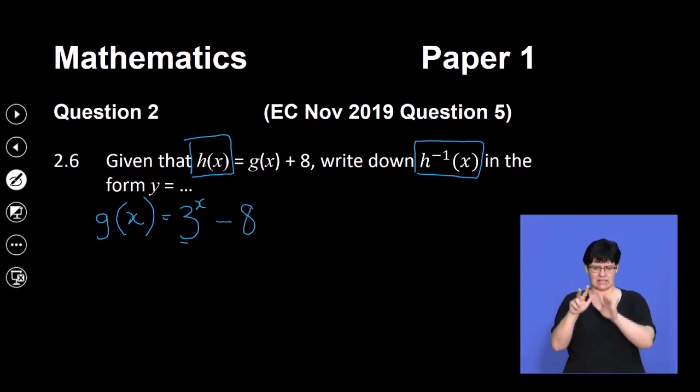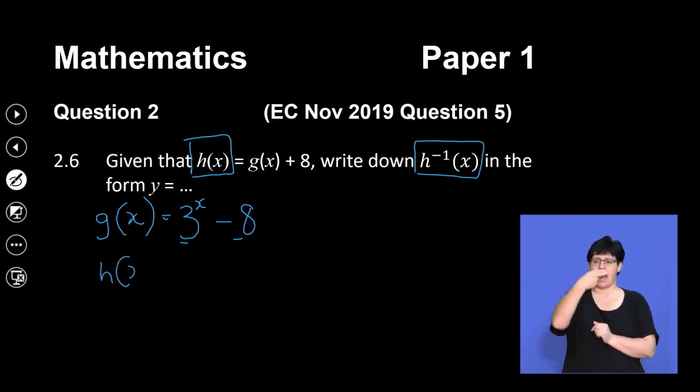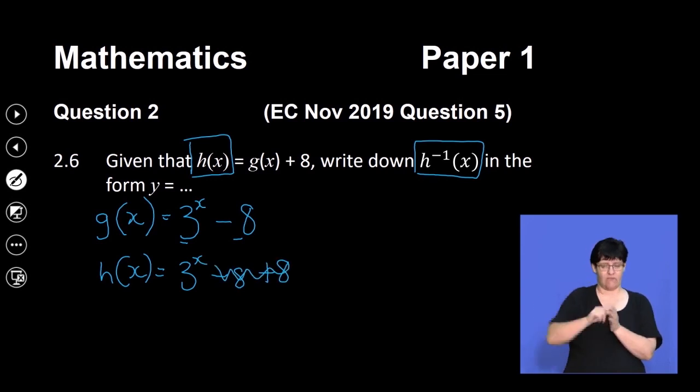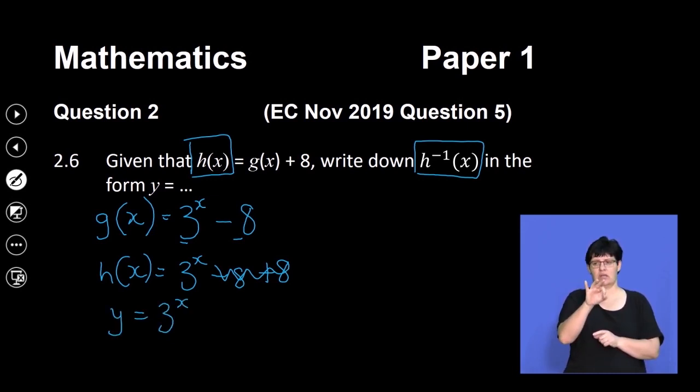That was the value of b, that was the value of q. So therefore, h of x must be equal to 3 to the power of x minus 8 plus 8. Obviously those disappear, so we just have that y is equal to 3 to the power of x.